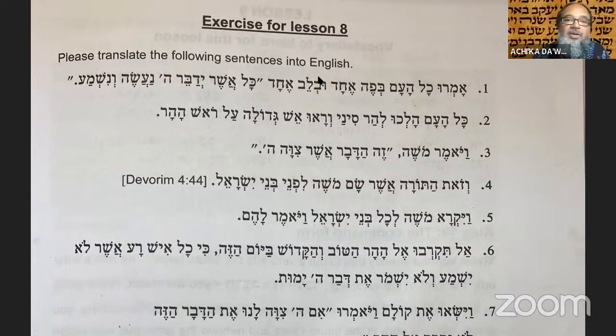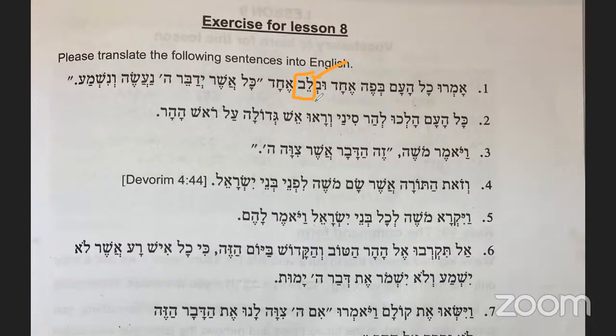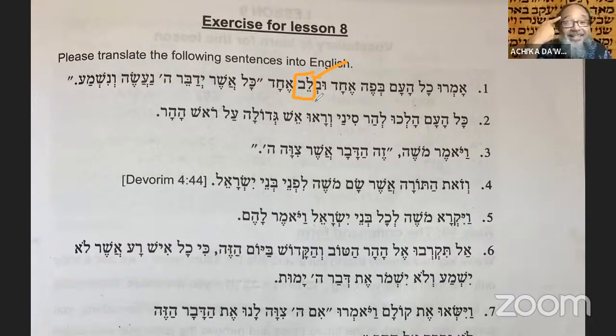And with, that's a bet because that's a tent. Lev, the lev is what? Sounds like love. What is it? Heart. Your heart, which is your mind in Hebrew, with all their heart. The echad is describing what type of heart or mind. They didn't say this with their little heart with the ventricles and the aorta valves.